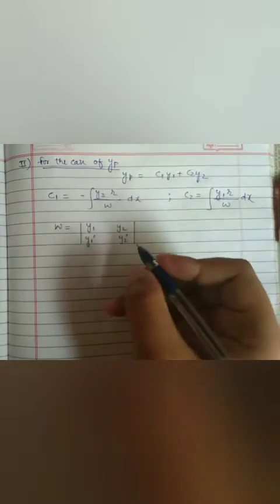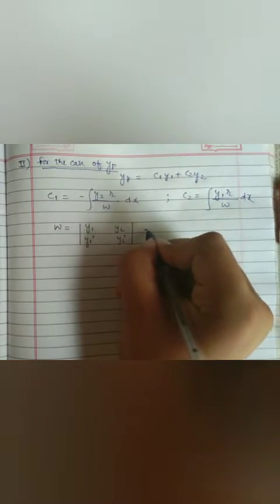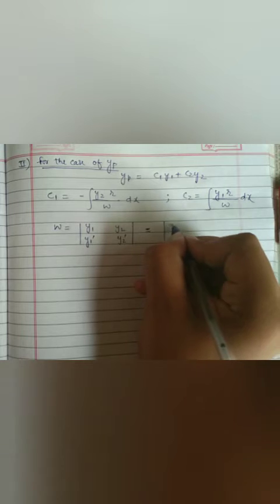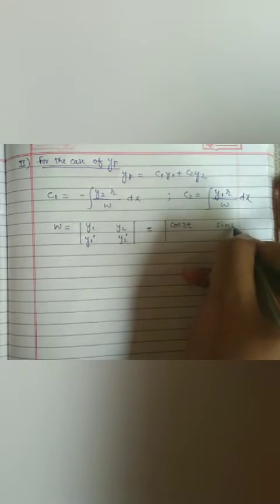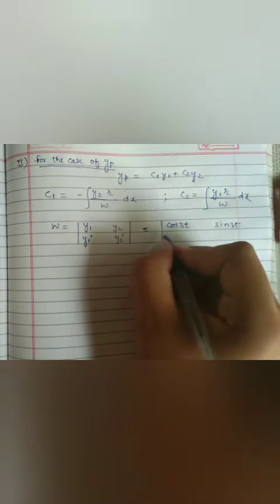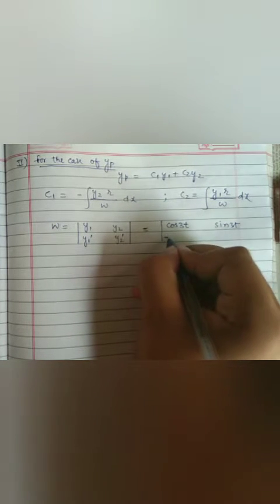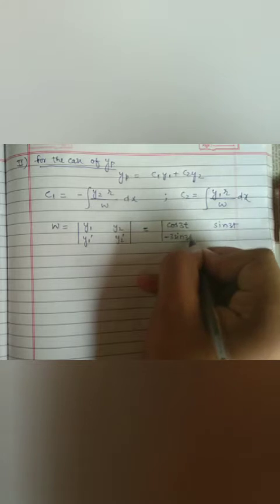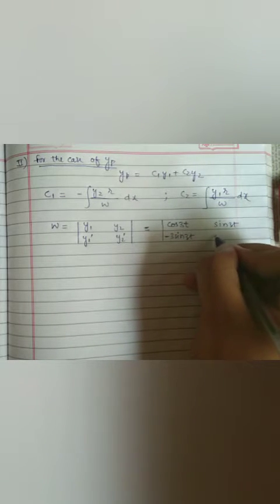When we solve this matrix, we find that y1 is cos 3x and y2 is sin 3x. Now the derivative of cos 3x will become minus 3 sin 3x, and the derivative of sin 3x will be 3 cos 3x.